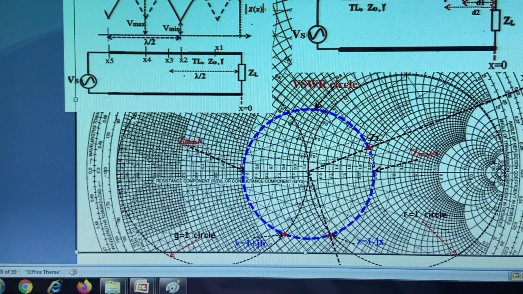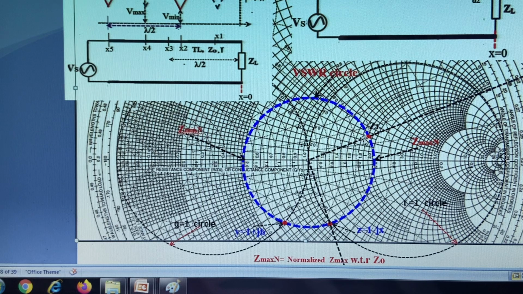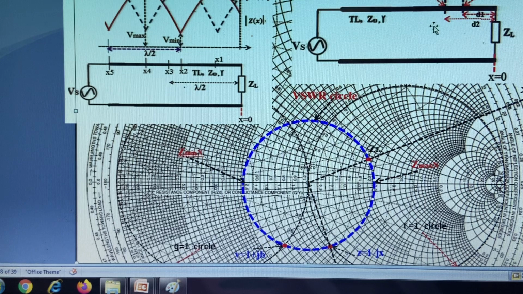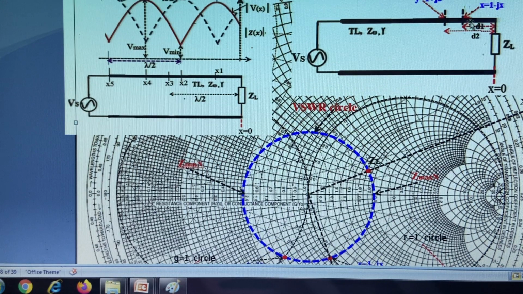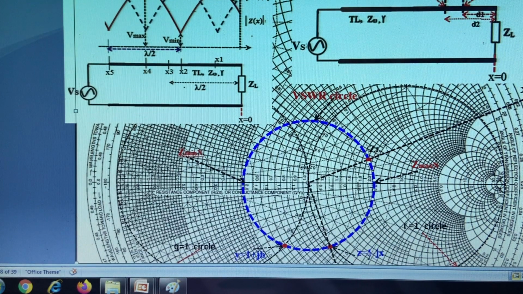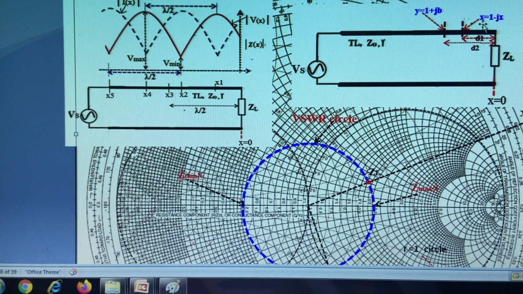So as we start moving from the ZL, as you traverse over a transmission line, at some position like d1, there is an impedance equal to z. Z is equal to 1 minus jx.